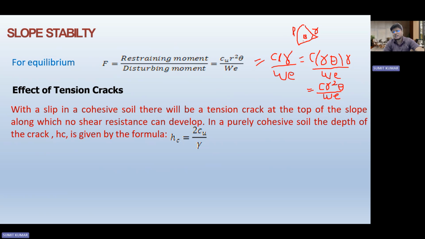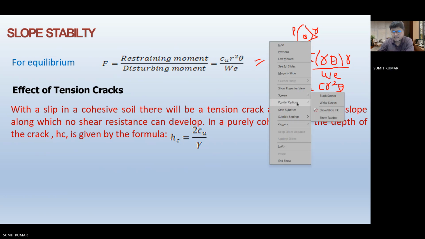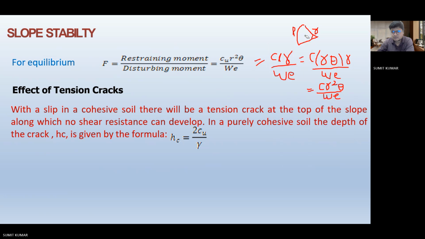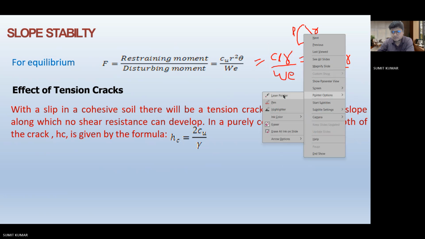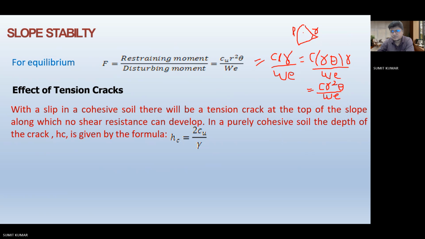So this is theta, this is R, and this is L. Let me rewrite this. In that manner, we are going to calculate the factor of safety.